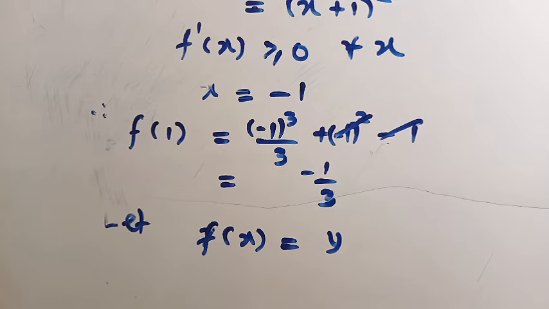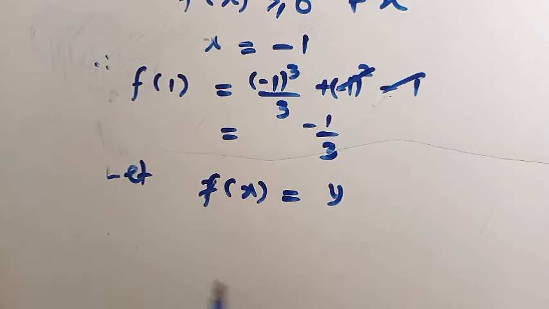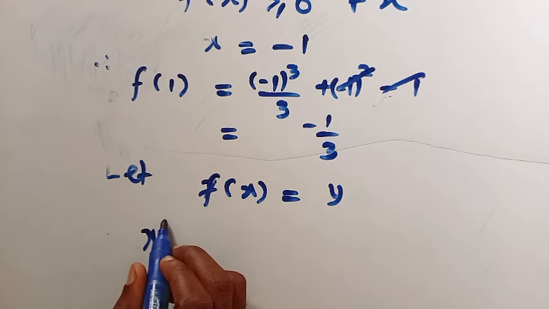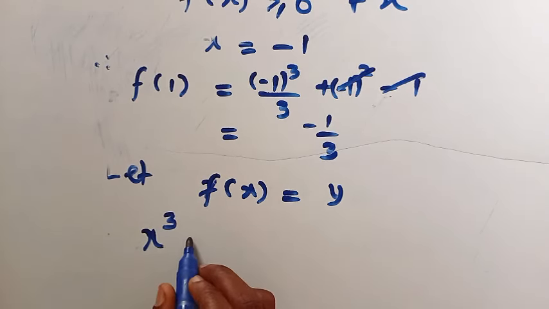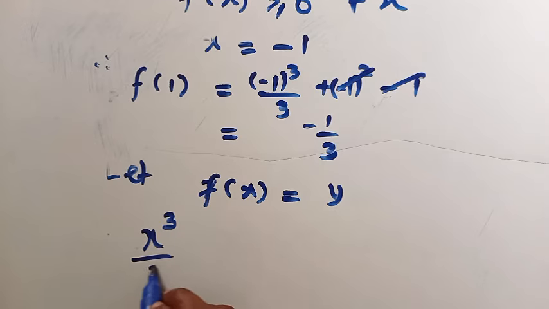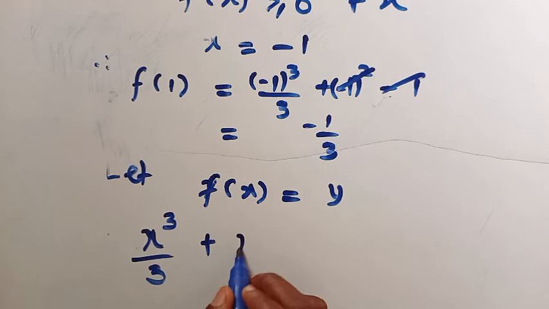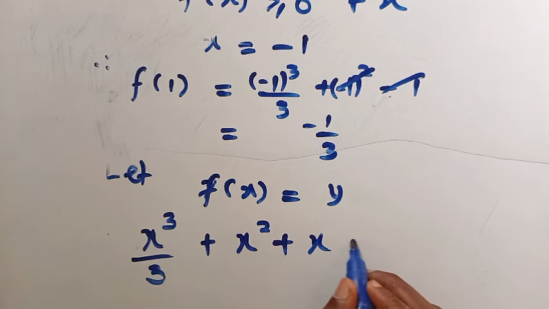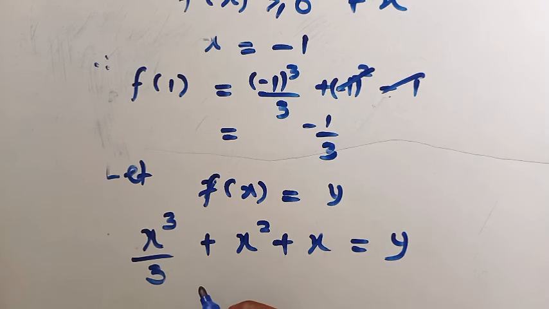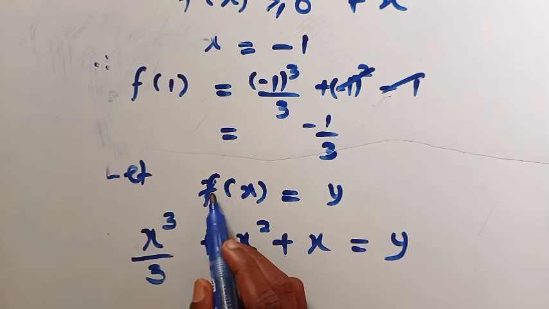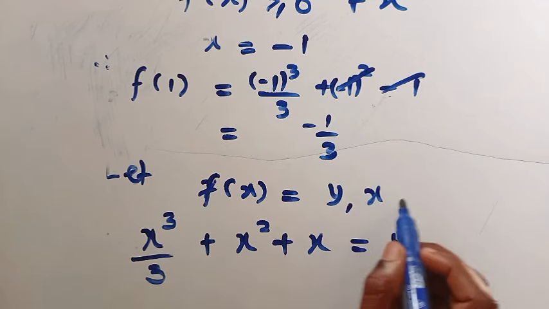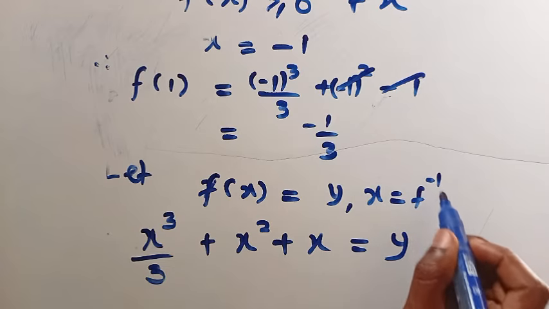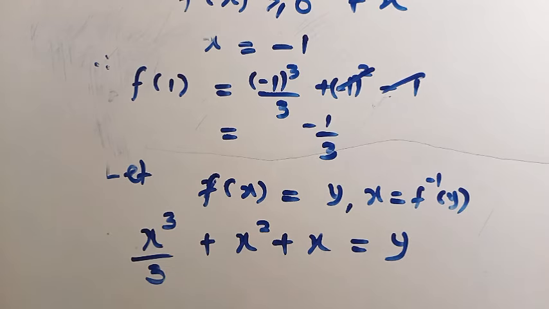By letting this equal y, we have x raised to the power of 3 divided by 3 plus x squared plus x equals y. And we shouldn't forget that from here, our x will be equal to f inverse of y.